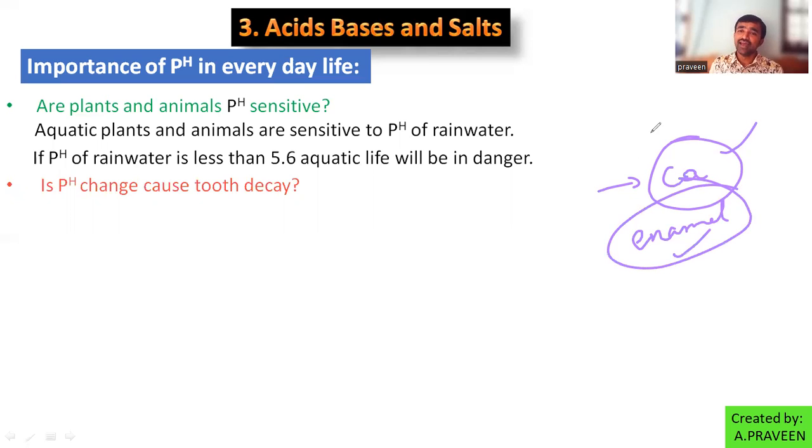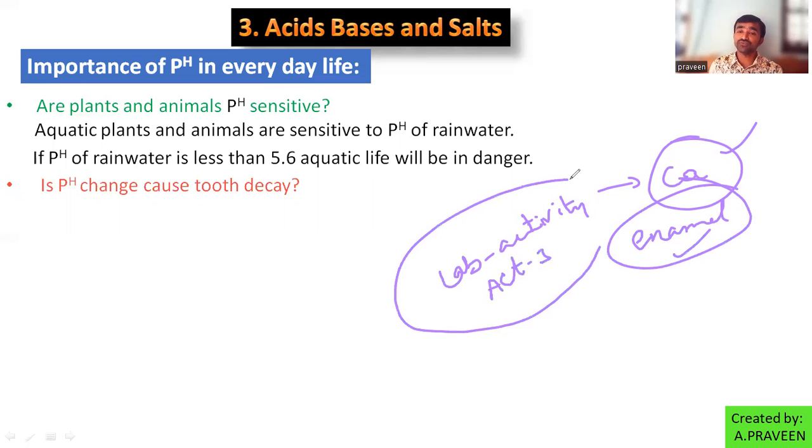Metal reactions are observed in the lab activity and activity 3. The lab activity is about the reaction of acid with metal, and activity 3 is the reaction of base with metal. That we observed here.